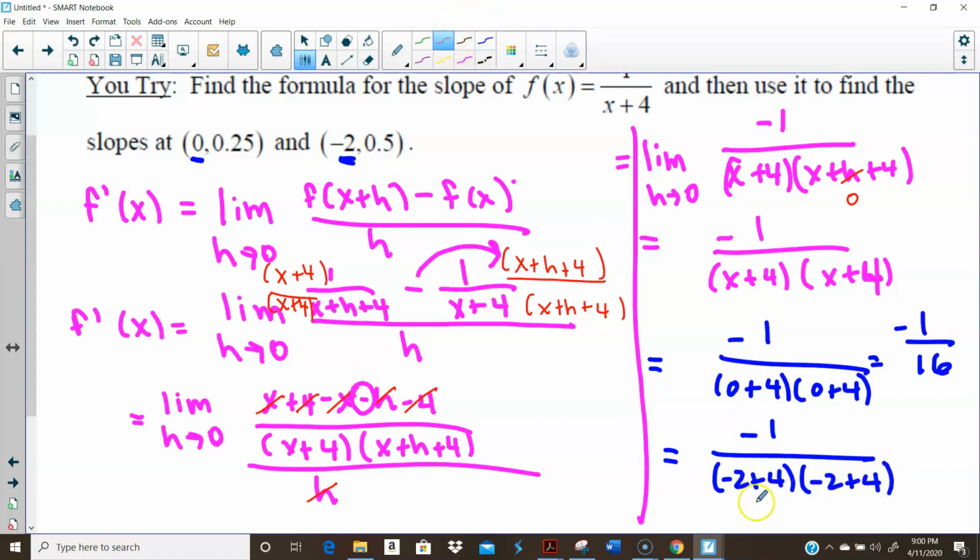Negative 2 plus 4 is 2, so this is 2 times 2, and 2 times 2 is 4. So the slope at the point negative 2 and up a half is going to be negative 1/4.